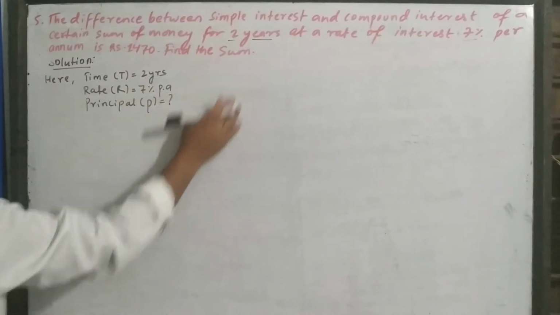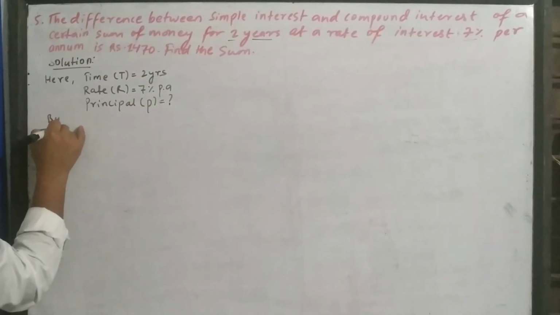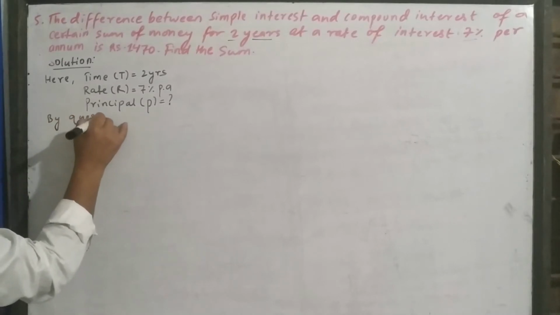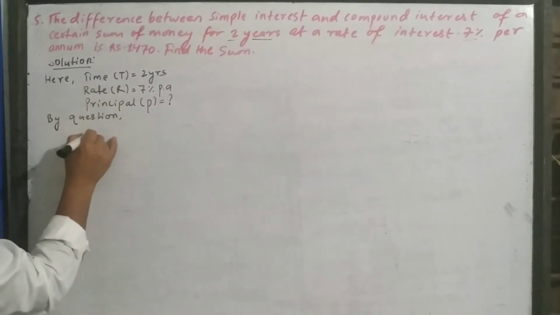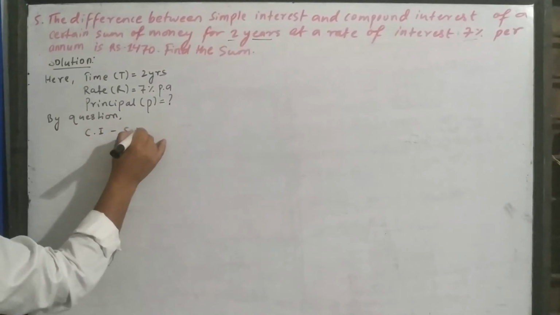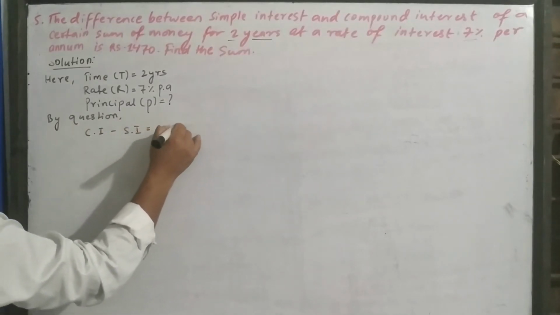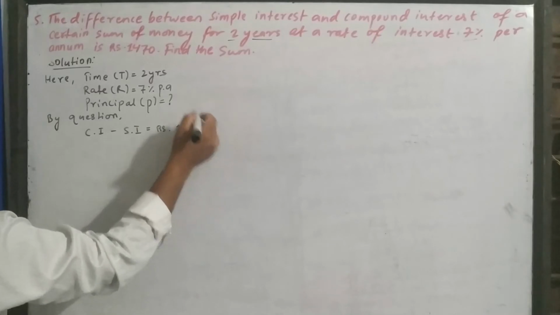We need to find the sum or principal. By question, we know compound interest minus simple interest is equal to rupees 1470.